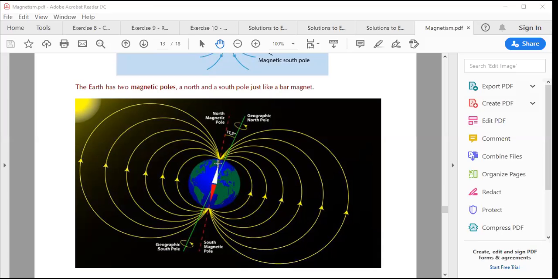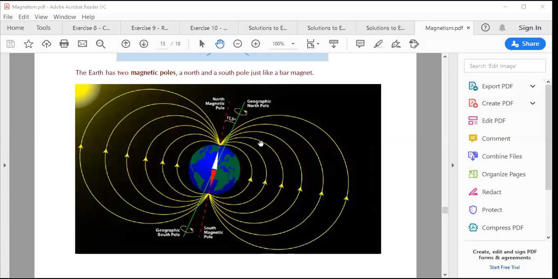The magnet is also slightly tilted, about 11.5 degrees from the geographic north. So we have a bar magnet which is slightly tilted from the axis of the Earth, a deviation of 11.5 degrees. So there's a couple of degrees difference between the magnetic north and the geographic north pole of the Earth.